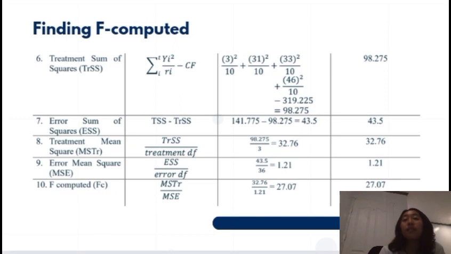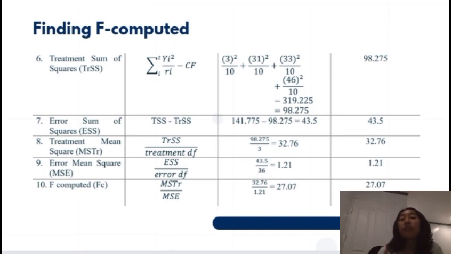And then, let's go sa MSE, since we already have our treatment mean square. And then, now let's go sa error mean square. So, ESS divided by error DF, so 43.5 divided by 36 is equals to 1.21.